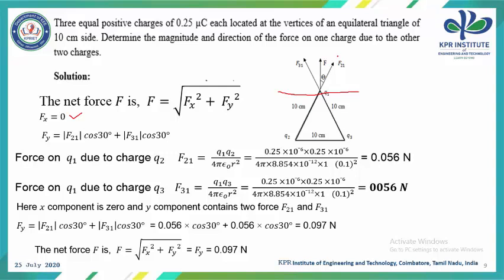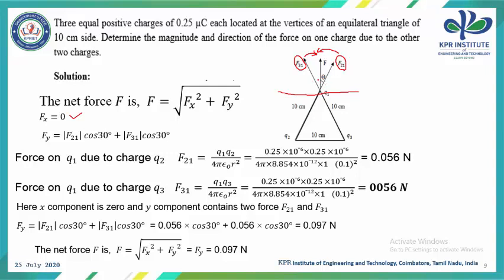Now you want to move this force vertically like this, through a certain angle, theta. Since it is an equilateral triangle, this angle is 60 degrees, this angle is 60 degrees, and this angle is 60 degrees.